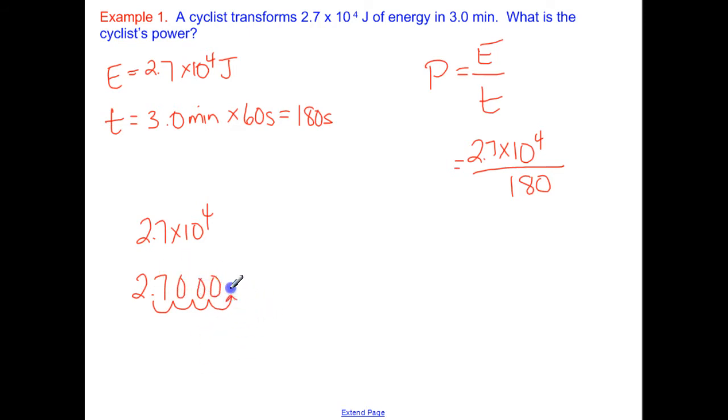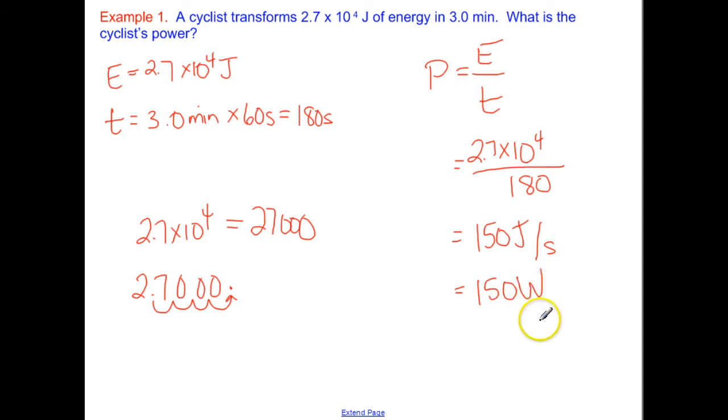So 2.7 times 10 to the 4 is the same thing as 27,000. Whatever you're most comfortable with is fine too. And so what we end up with as a final answer is 150 joules per second as the power output of this cyclist, and that's the same as 150 watts.